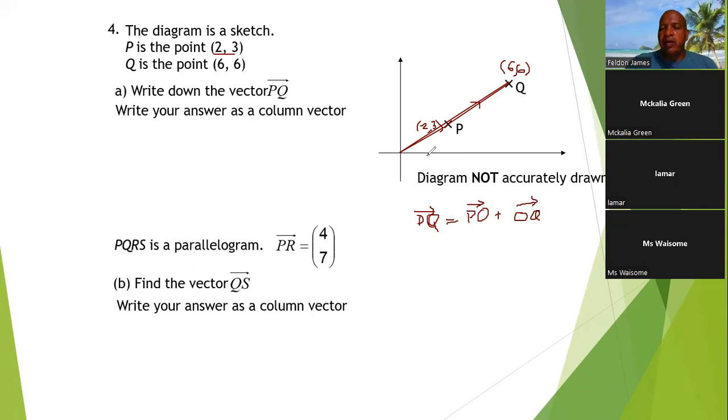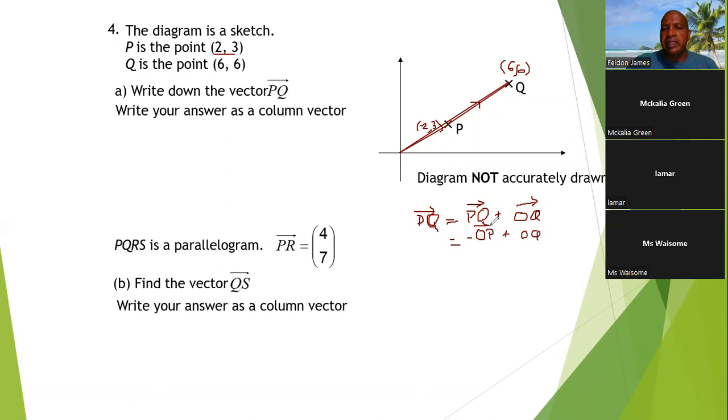All right, remember now, P is the vector (2, 3). That means OP is (2, 3). So if OP is (2, 3), then PO is going to be the negative. So this would be the same as negative OP plus OQ.